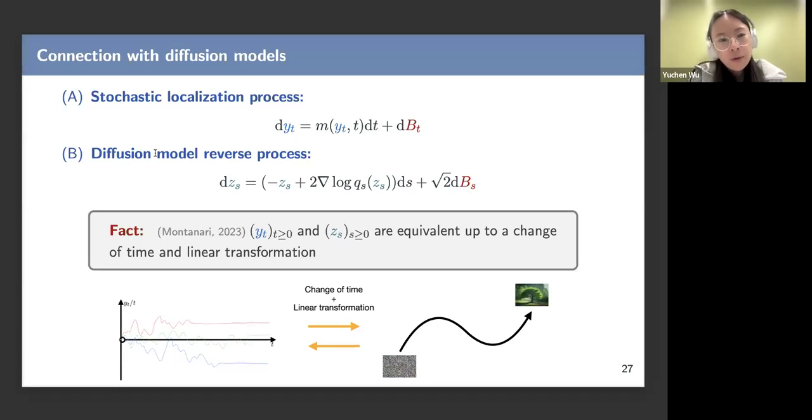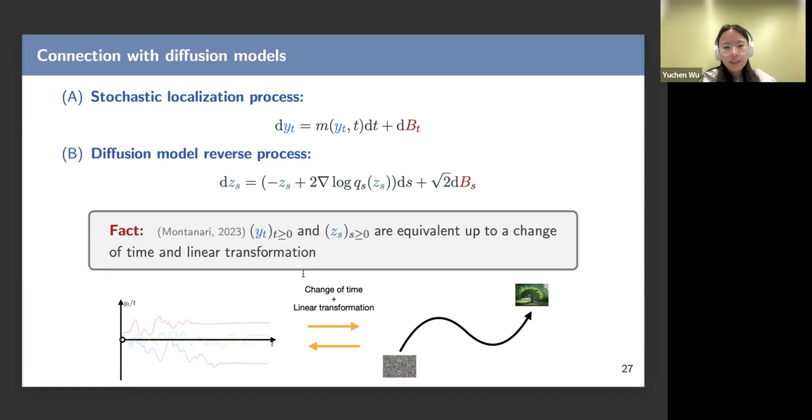So building a posterior sampling algorithm based on stochastic localization is almost equivalent to building one based on diffusion models, but with the denoising neural networks replaced by a more efficient algorithm to estimate the score function.